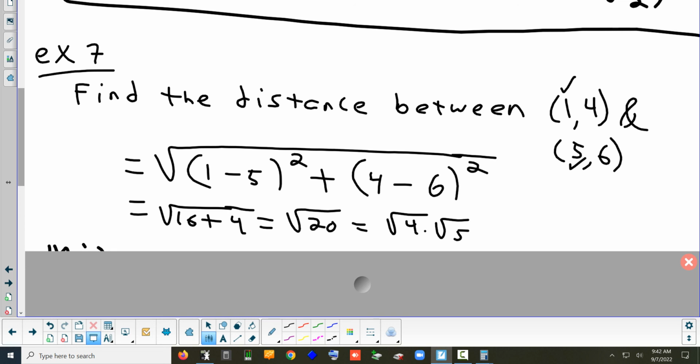So he could have done 2 times 10, but 4 times 5 is better, because when you break it up, you want one of the numbers to be something you can take the square root of. Okay, 4 is a perfect square, which means you can take the square root of it and get a nice answer. What's the square root of 4? 2. So the answer here, 2 square root of 5.